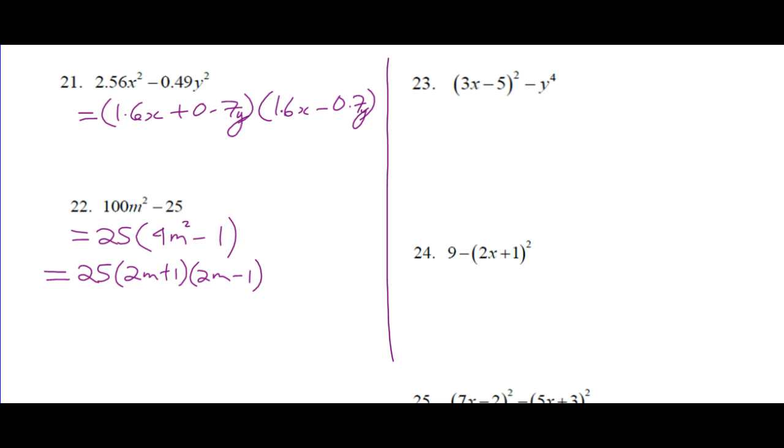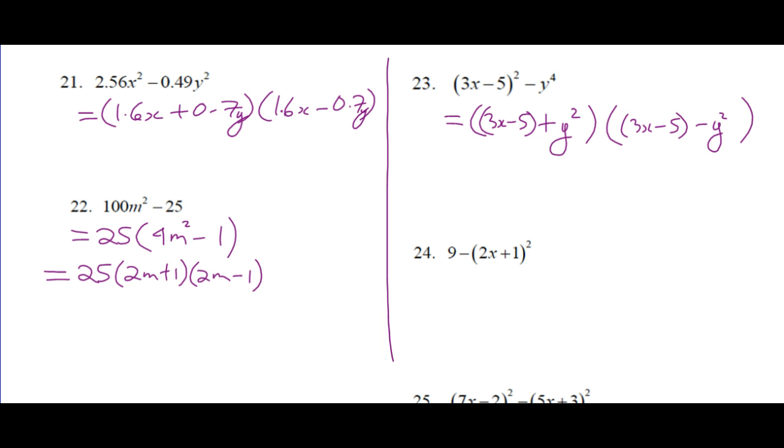This is kind of weird, but what's the square root of (3x minus 5) squared? 3x minus 5. Yes, 3x minus 5. So this is equal to (3x minus 5) plus y squared, and then (3x minus 5) minus y squared. Now, the only reason I'm bracketing these is because you're going to see it in number 24. You'll see why I'm bracketing these.